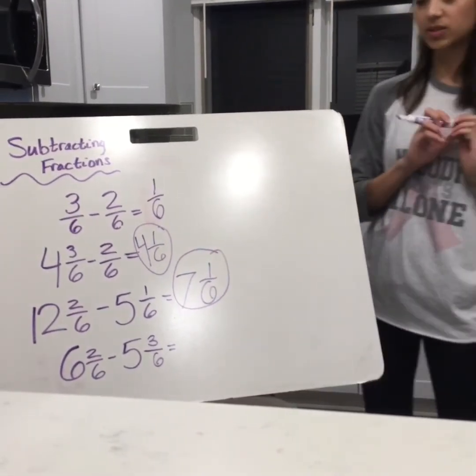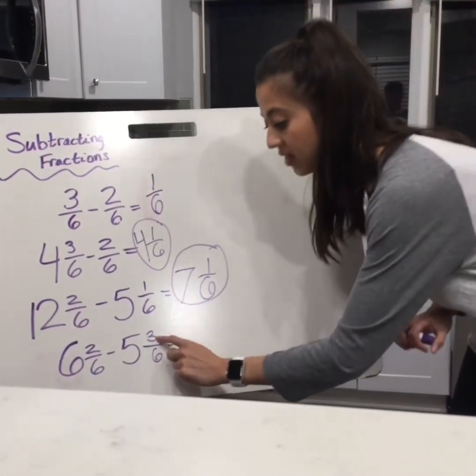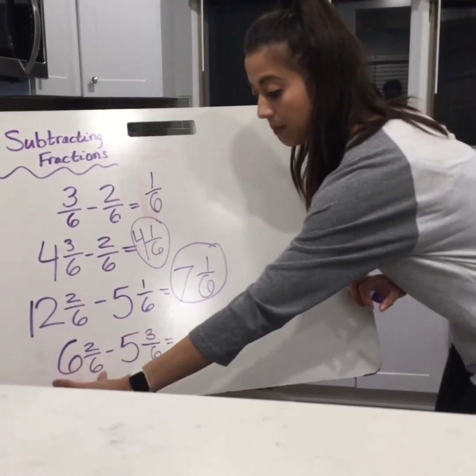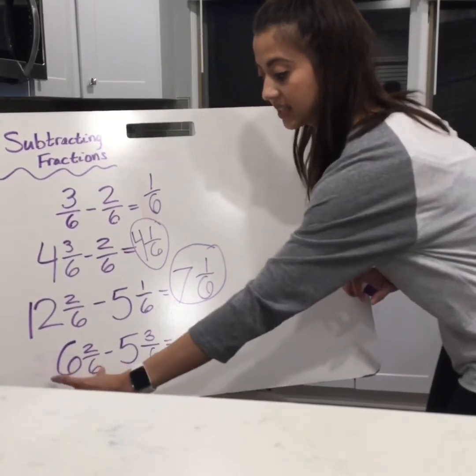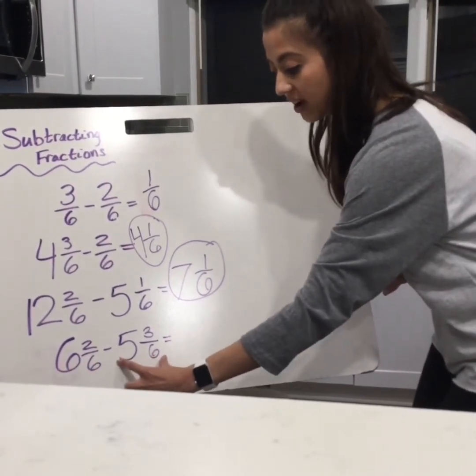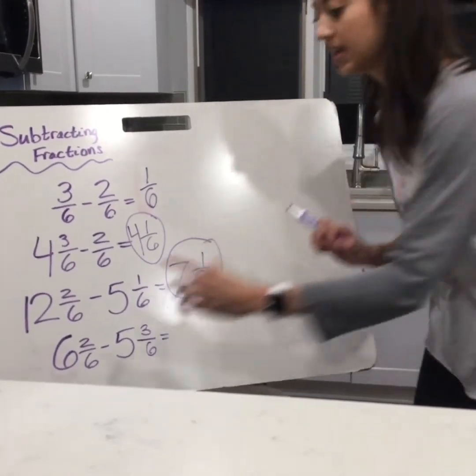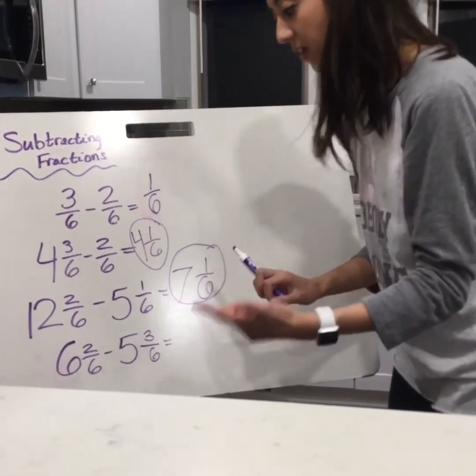Now the last one is more difficult because, as you can see, this numerator is larger than the numerator before. But this number is bigger than this number because this has 6 wholes and this only has 5 wholes. So we will have to get MAD. We have to make these mixed numbers into improper fractions.